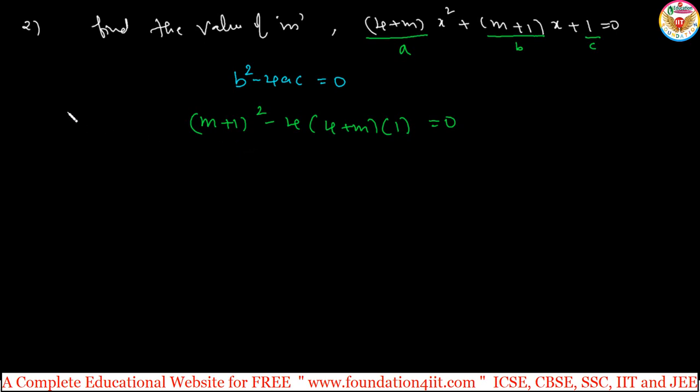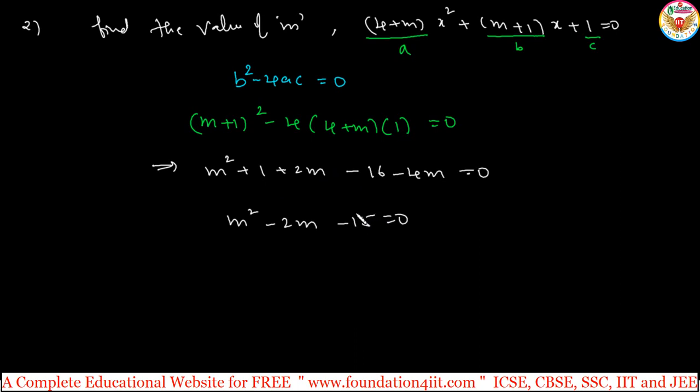Using the (a plus b) whole square formula, (m plus 1) whole square is m square plus 1 plus 2m. Next, minus 4 into (4 plus m) is minus 16 minus 4m, equal to 0. Then m square plus 2m minus 4m plus 1 minus 16 gives m square minus 2m minus 15 is equal to 0.